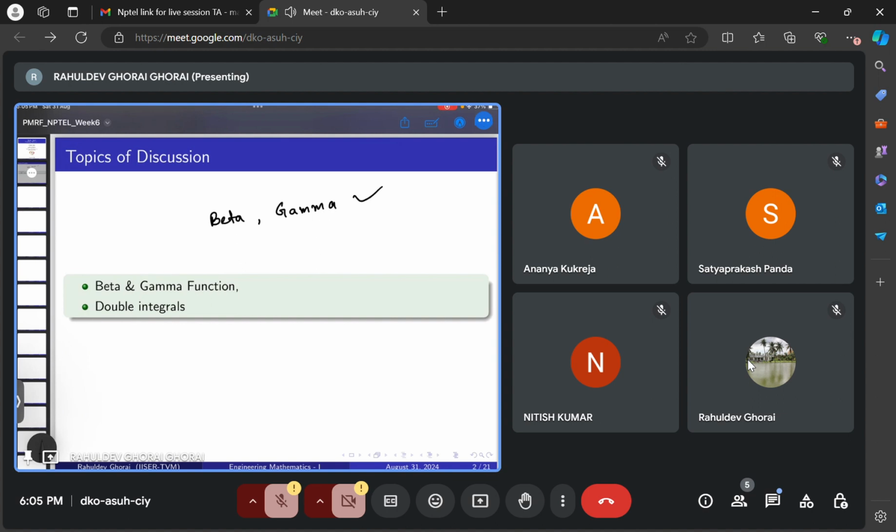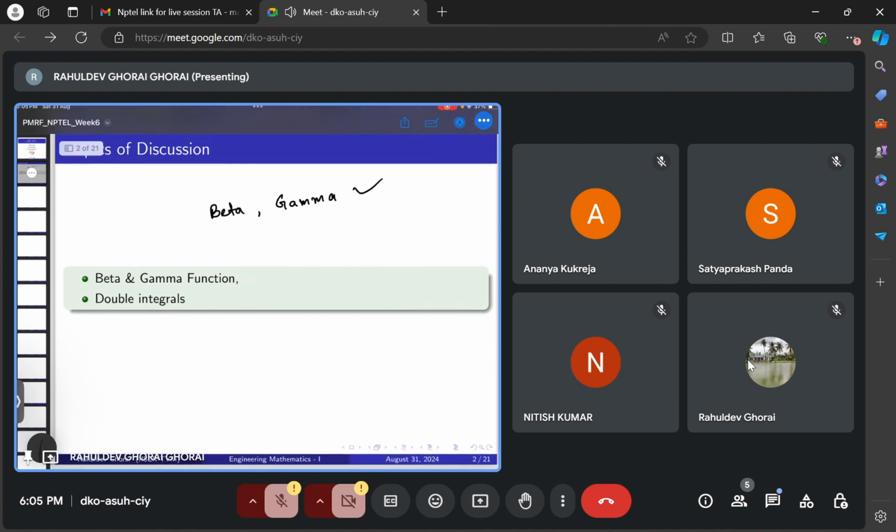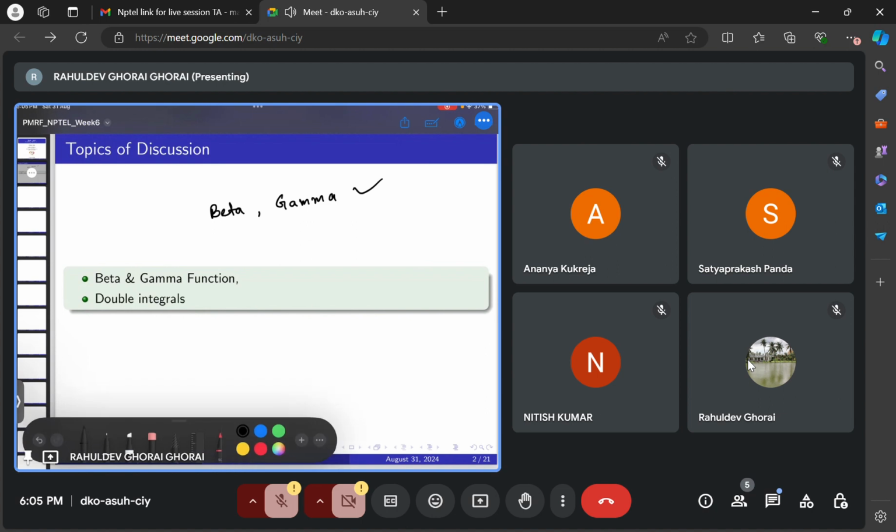gamma function. So I hope all of you at least know the definition of the beta function and gamma function, right? So I will also introduce that, and then we will do some questions based on that. Then after that we will go to double integrals, which will be more interesting, I guess.